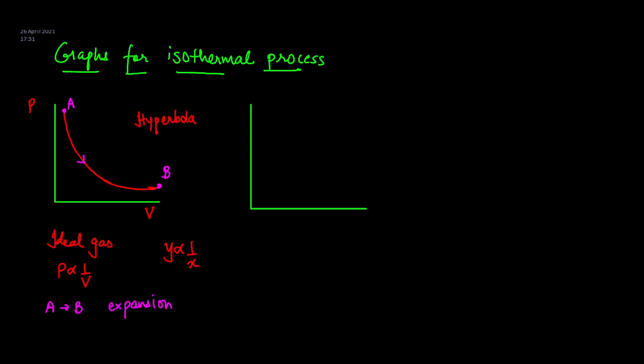Right, so now let's draw a PT graph, which is very easy. Pressure, temperature. It is an isothermal process, isn't it? So in an isothermal process, temperature will remain constant. So now you tell me which kind of graph should we have here?